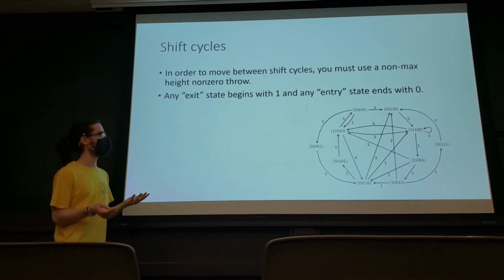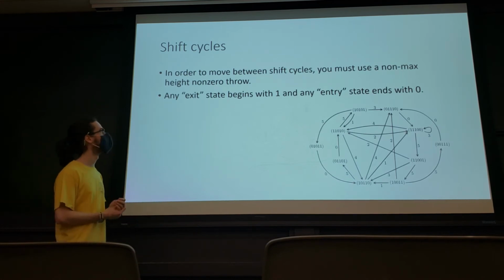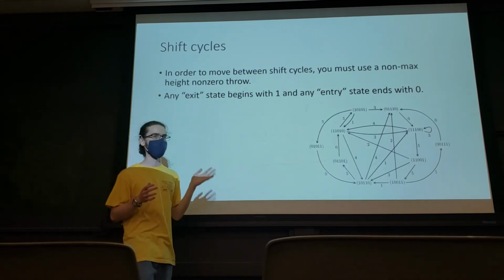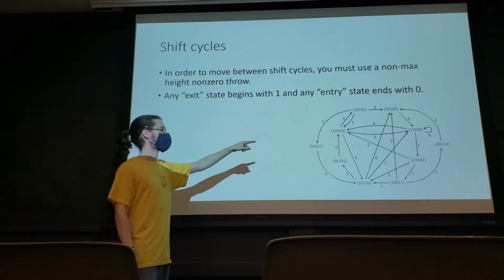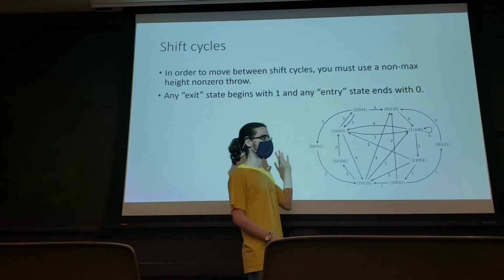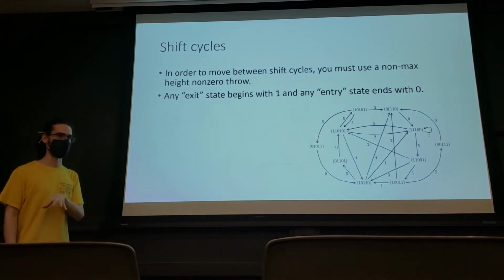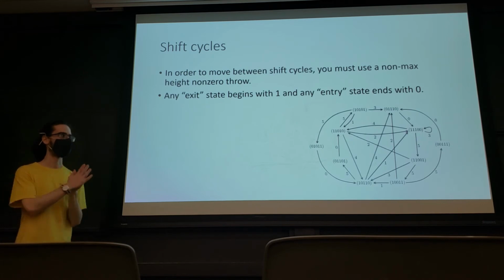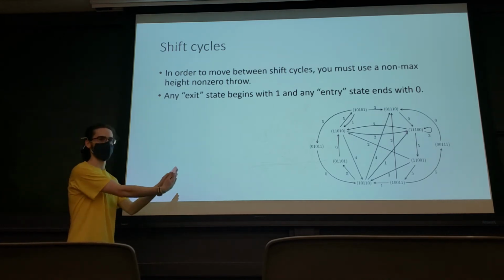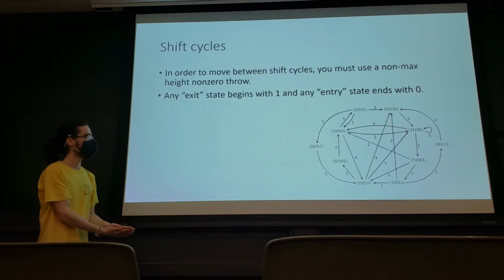If there's not a ball in our hand, then we're forced to make a 0 throw, and we need to make a non-0 throw. So any exit state must begin with a 1, but also any entry state. So the very next state has to end with a 0, because we just didn't do a max height throw. The only way to end up with a 1 in the rightmost position is to do a maximum height throw, just by definition.